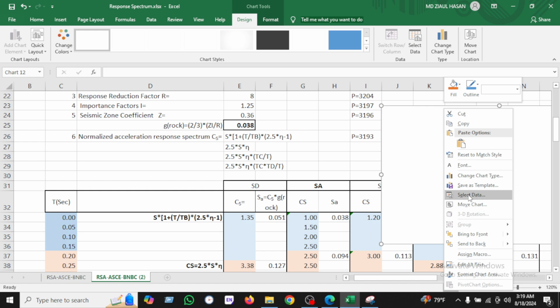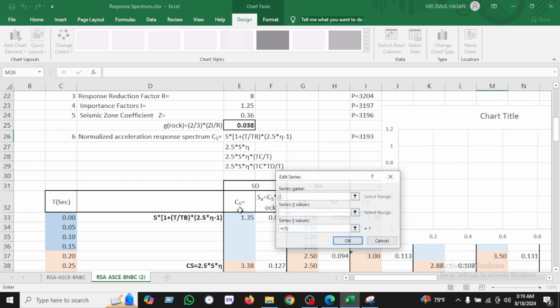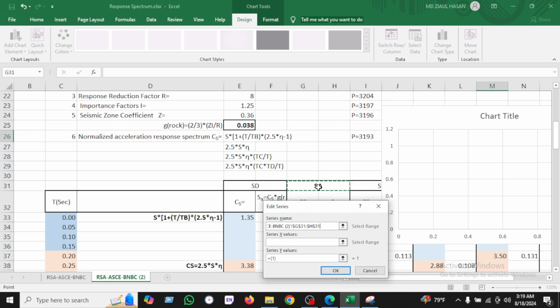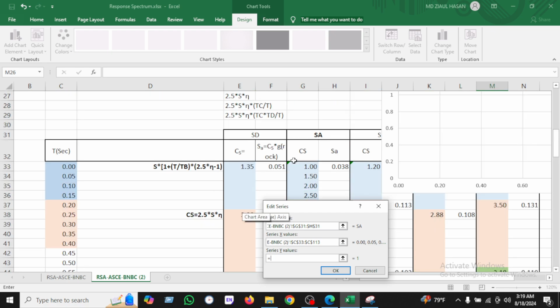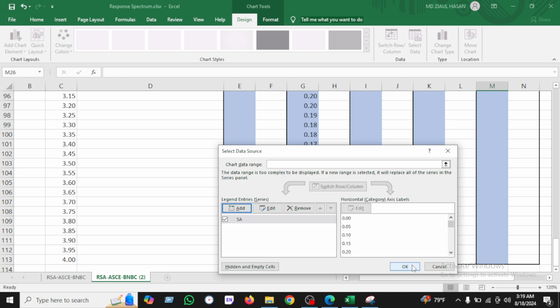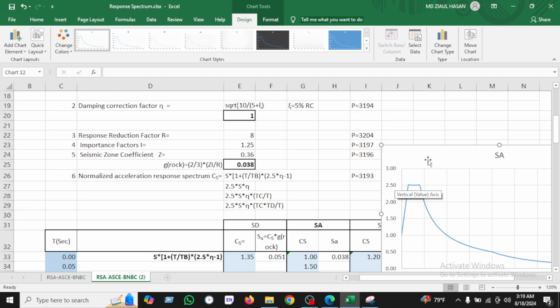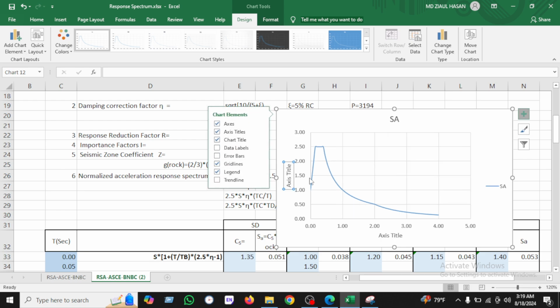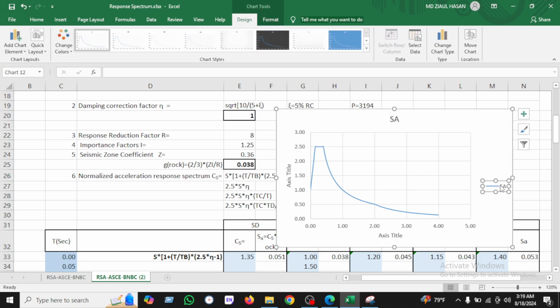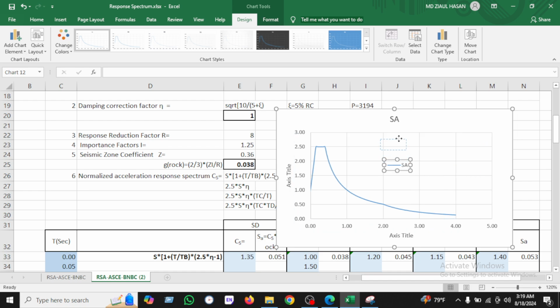Putting this, select data and add the series name Sa, and for the X value we put the time period up to 4 seconds, and for Y we take the Cs values up to 4 seconds. Okay, we have found this. This is the response spectrum of Sa.